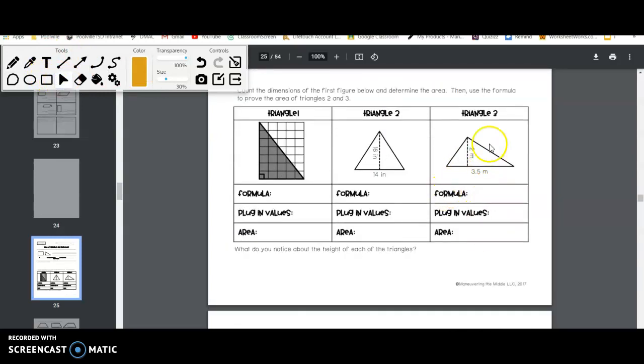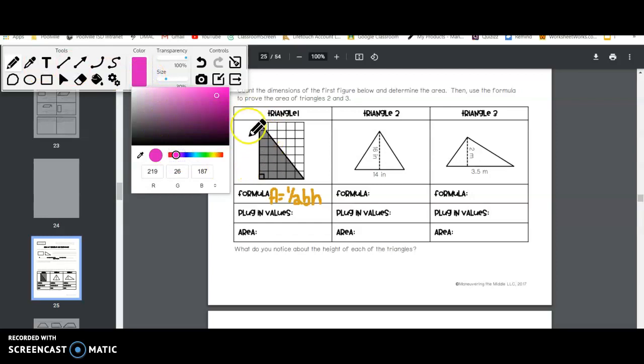So right here we have a few examples. I'm only going to write the formula once, so I'm not rewriting it every time. The formula is the area equals half of the base times the height. So if we're looking at this shape right here, we're trying to find the area of the shaded figure.